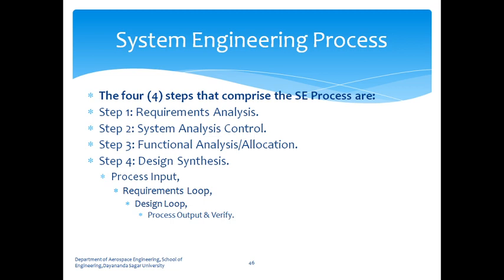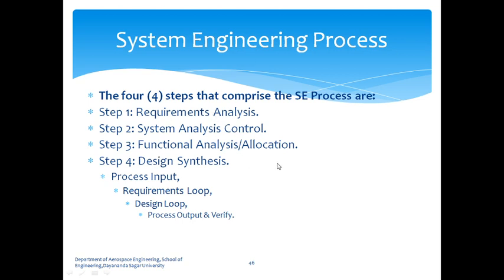If there is any change between the expectation and the result, then you need to give feedback. That entire system we call control. So in system analysis, you need to analyze the system performance, and give feedback to the different subsystems or components. That is system analysis and control.